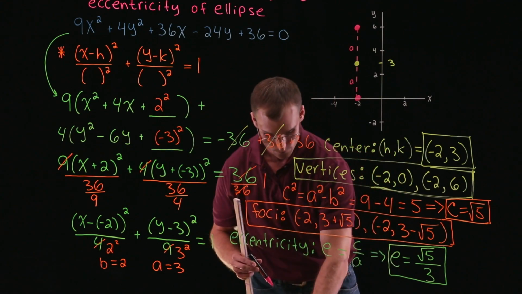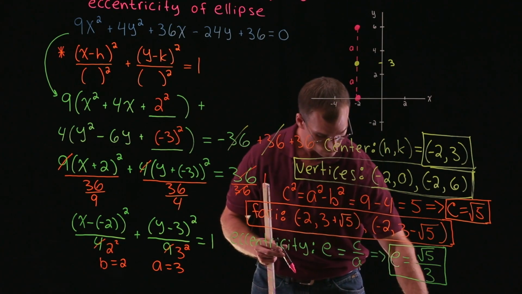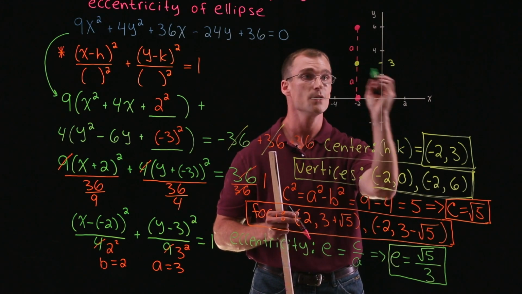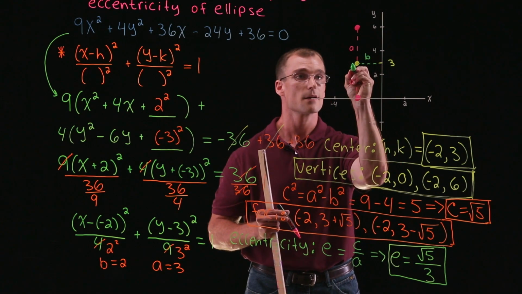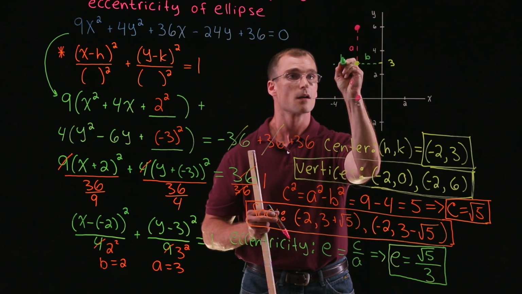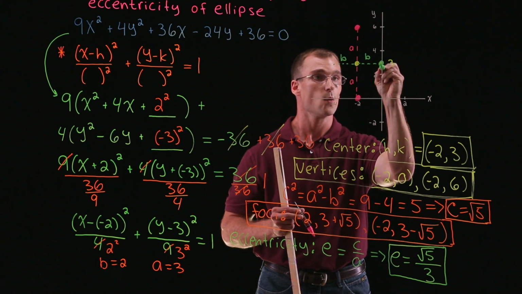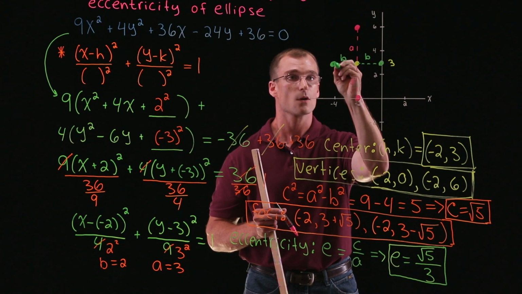Going from our center out a unit of 2, or out b, is going to get us to the points x equals 0, y equals 3, and x equals negative 4, y equals 3.